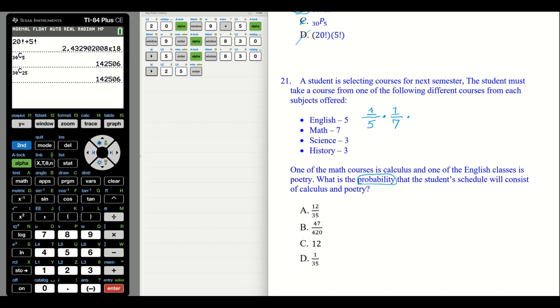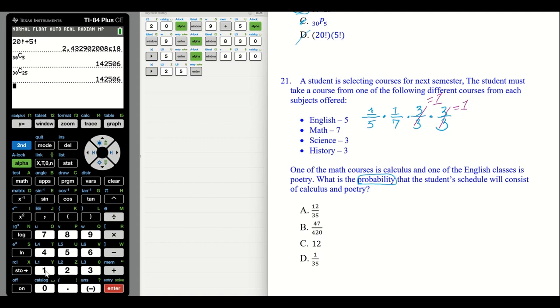They did not specify English or history, so we can call that 3 out of 3 times 3 out of 3. Notice 3 out of 3 equals 1. So that's just like multiplying by 1. So that's 1/5 times 1/7.